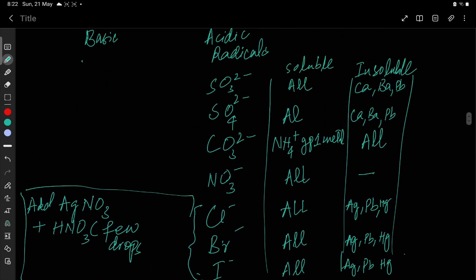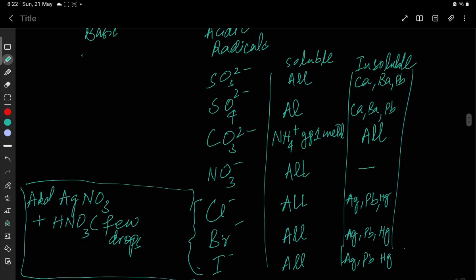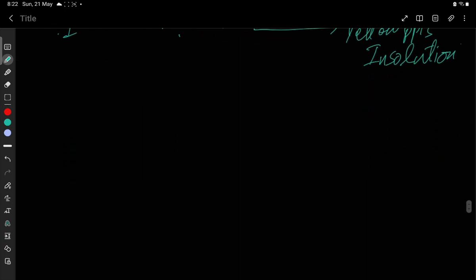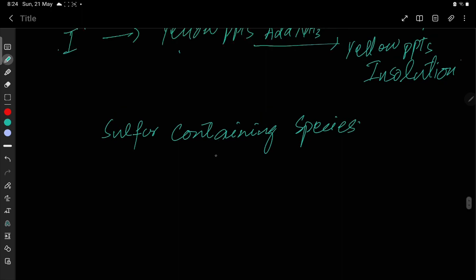So if the solution contains sulfur-containing species, we have two ions, SO4 sulfate and sulfite ion.